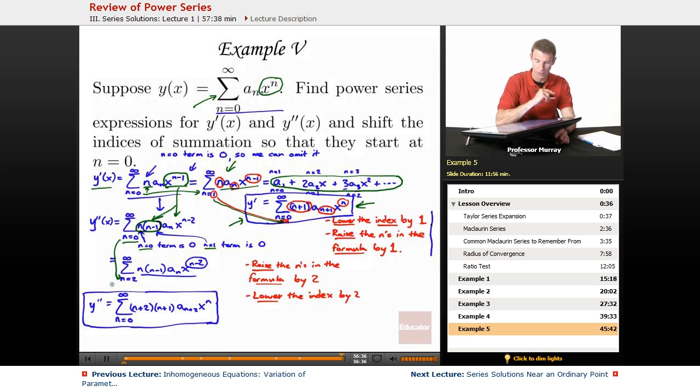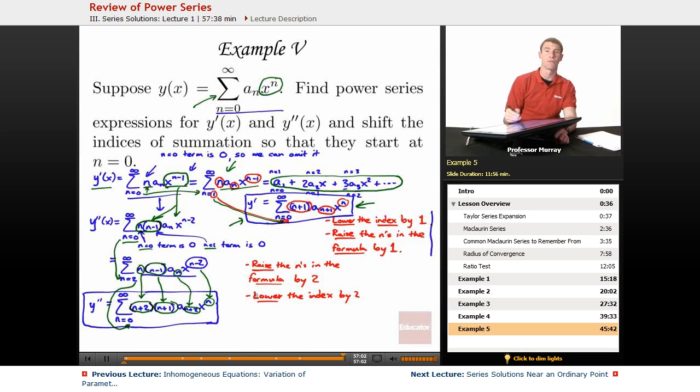That was just dropping off a couple 0 terms. And then I'm going to use this same principle where I lower the index by 2, so that's why that 2 became a 0, and then I raise each of these n's by 2. So that n became n plus 2, that n minus 1 became n plus 1, that little n became an n plus 2, and that n minus 2 became an n.